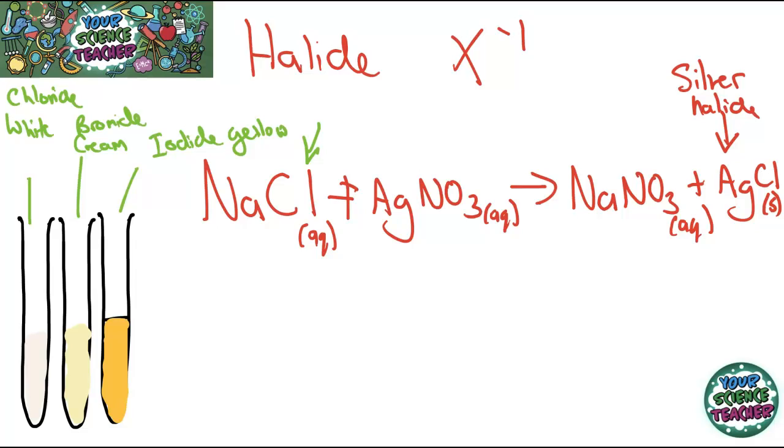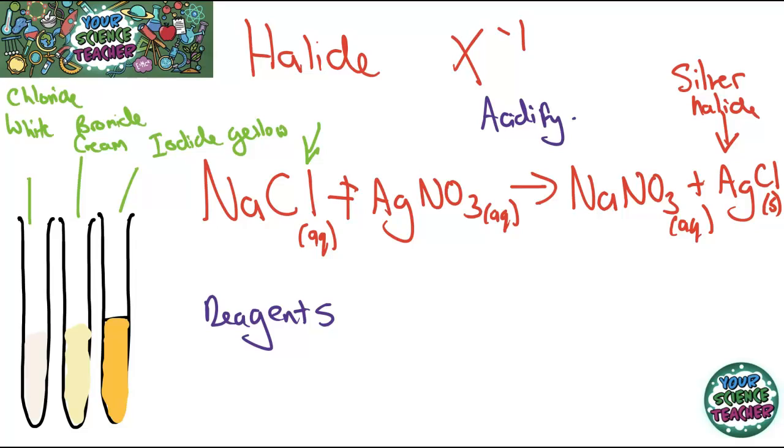Now, it might also ask for your reagents for the halide test, and we've got silver nitrate as one of them, but also it will want to say that you want to acidify your reaction as well. The reason why we do this is to get rid of any impurities, for example, if there's a carbonate present in there as well.